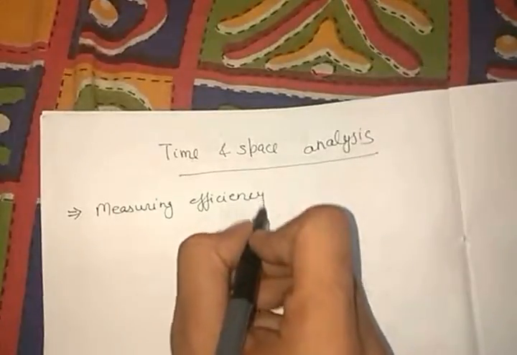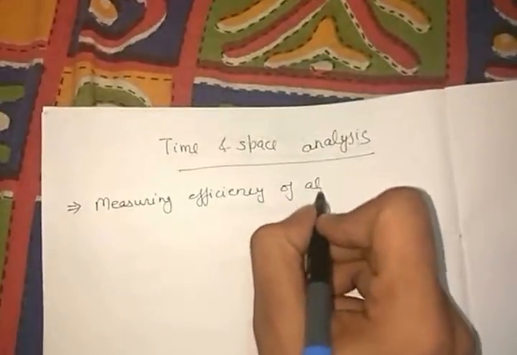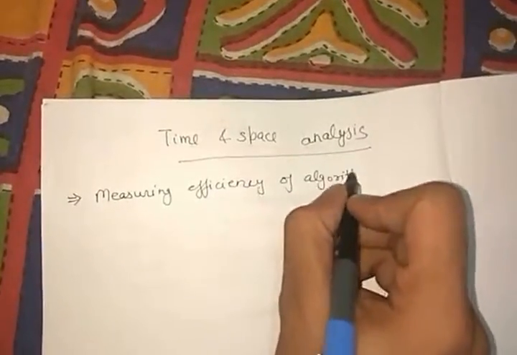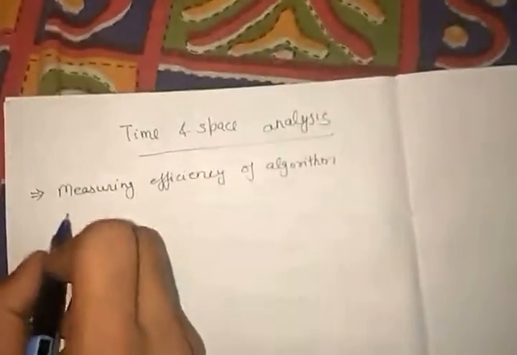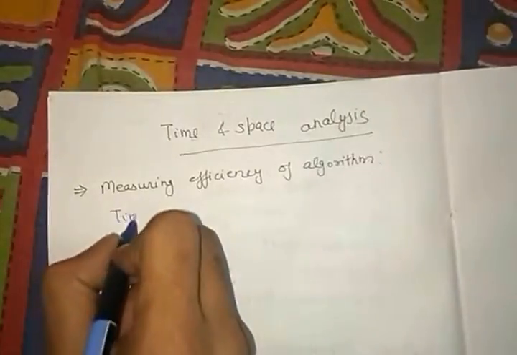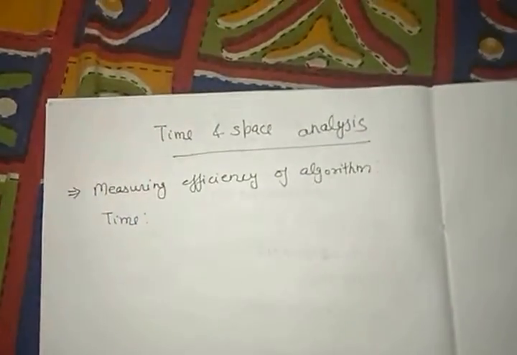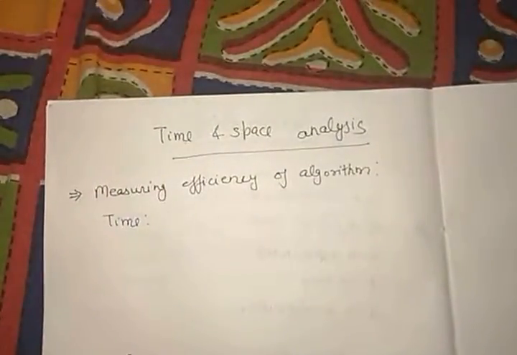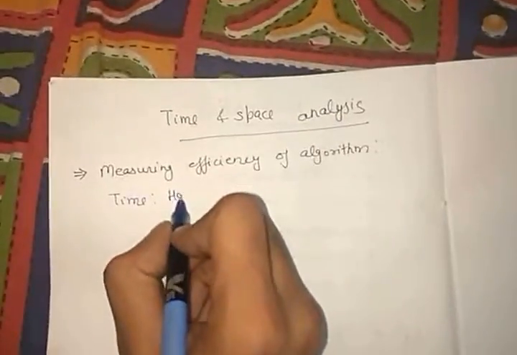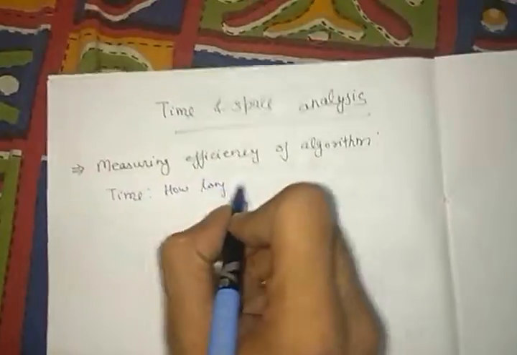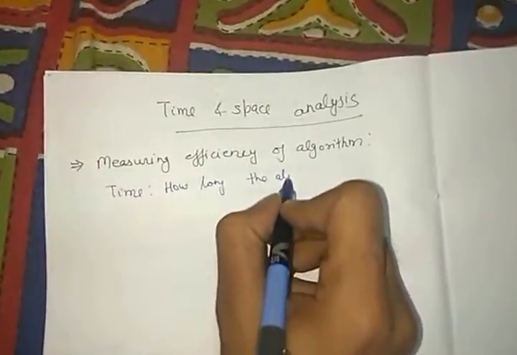How do we measure whether an algorithm is good or not? We can measure it by taking into account time. It means how long the algorithm takes, or how long the running time is.